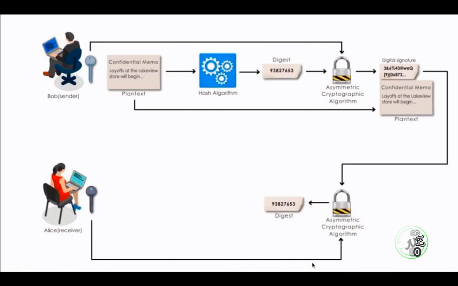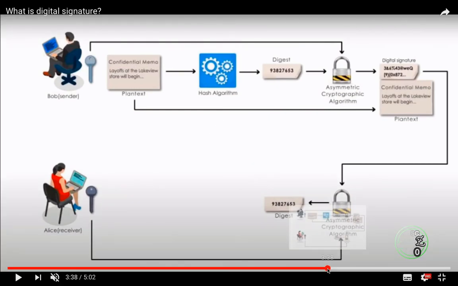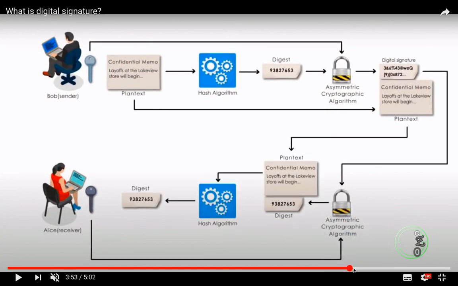And after producing the digest, with the plain text message, she runs the hash algorithm, the same hash algorithm that Bob used to create a digest, and gets a digest.